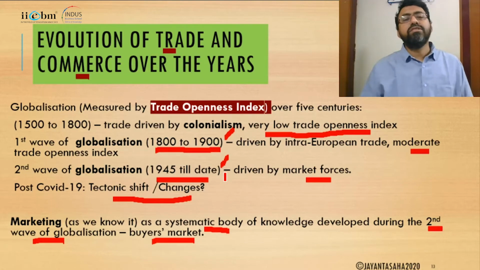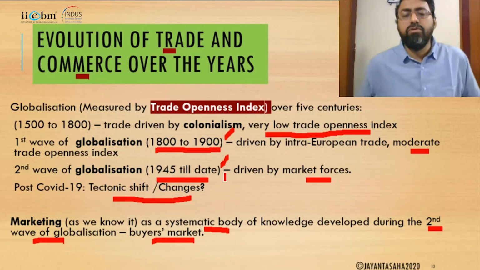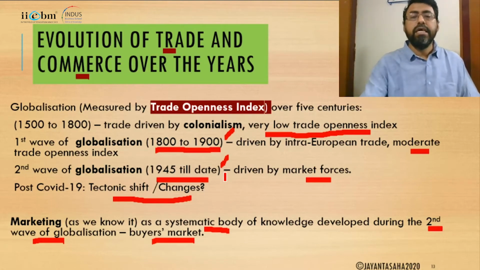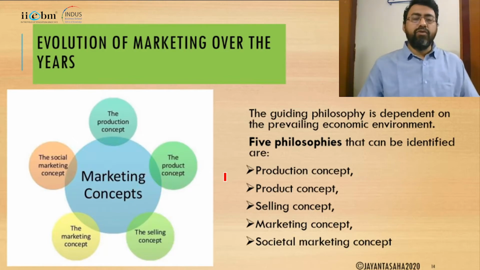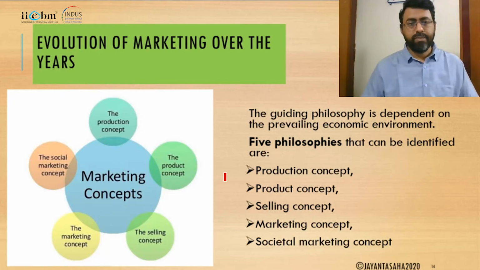So with this overview, this background about the trends in the global scenario, let's look at how marketing has been coping with the changes over the years. We basically talk about something called marketing concepts, which are often known as marketing philosophies.